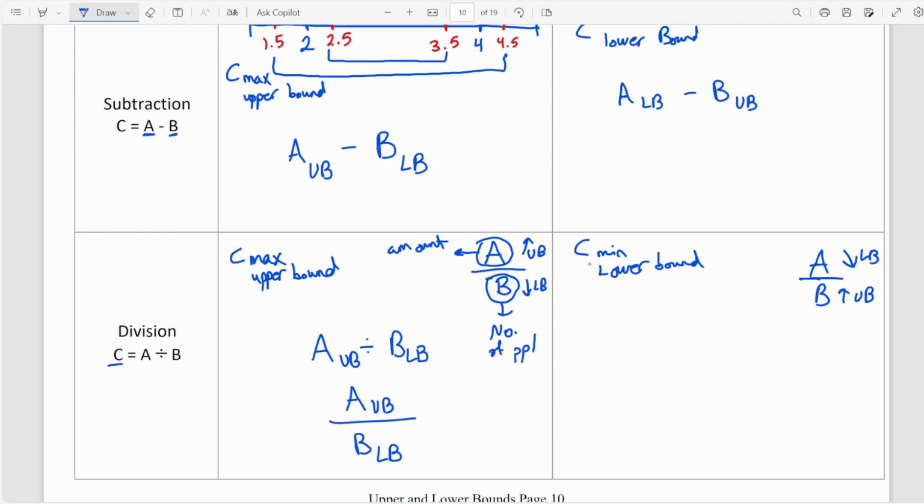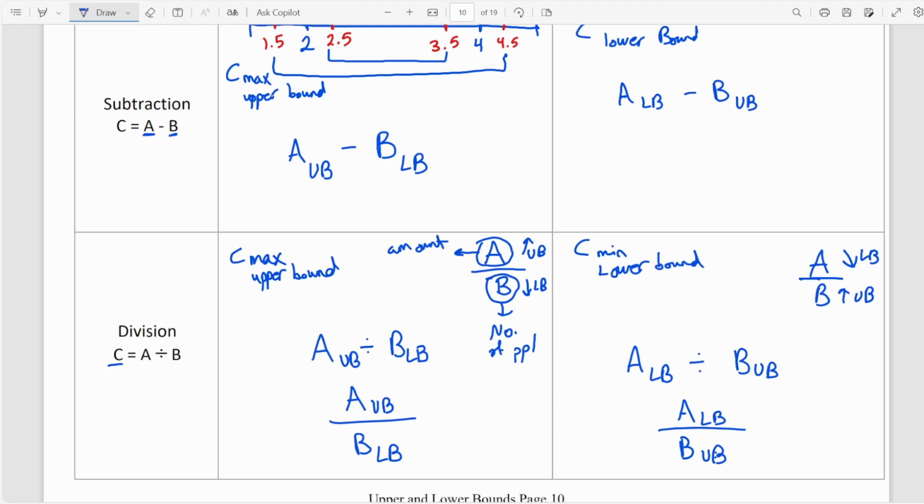So if you want to achieve C minimum or C lower bound, you would choose the lower bound for A and divide that by the upper bound of B, okay? So A lower bound over B upper bound, okay? As you can notice, by the way, it's the same as a subtraction.